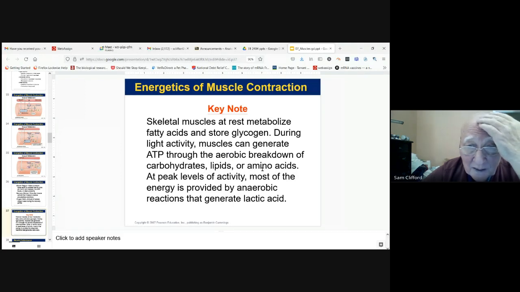And at peak levels of activity, after you've run out of ATP, most of your muscle activity will not have oxygen available.